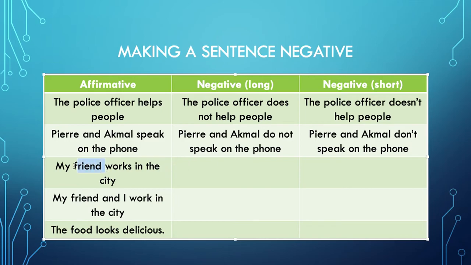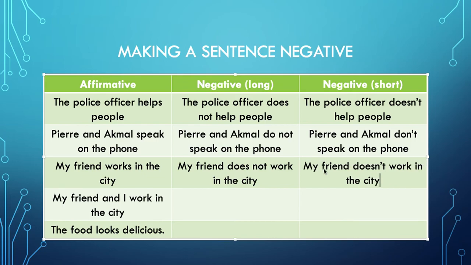Now my friend is the subject. So my friend is maybe he, maybe she. So for he, she, we say does not, and then work. Okay, so no S, in the city, and the long form, my friend doesn't work in the city.